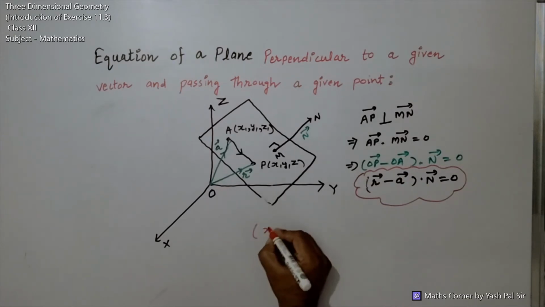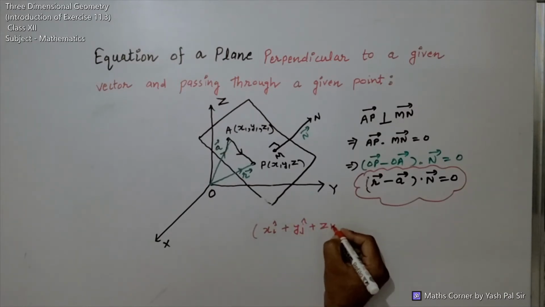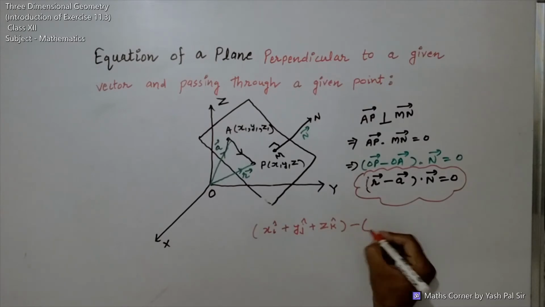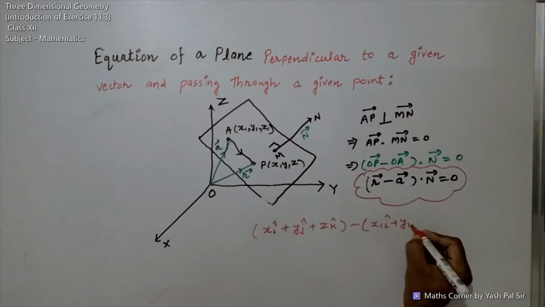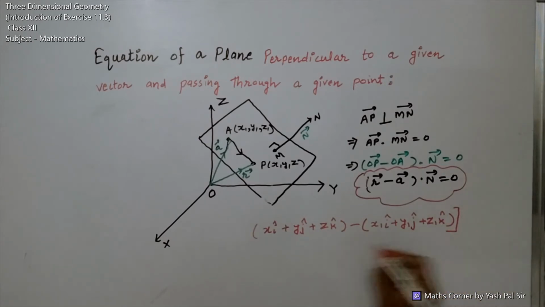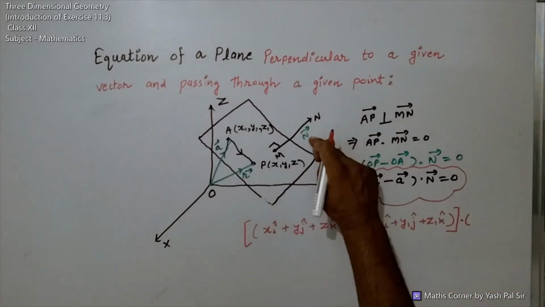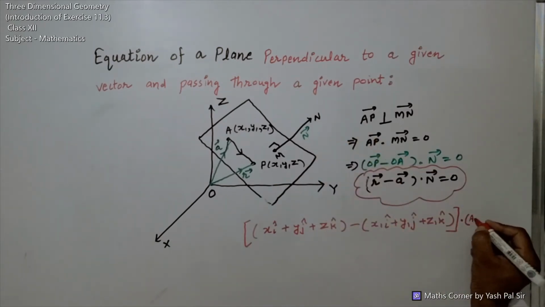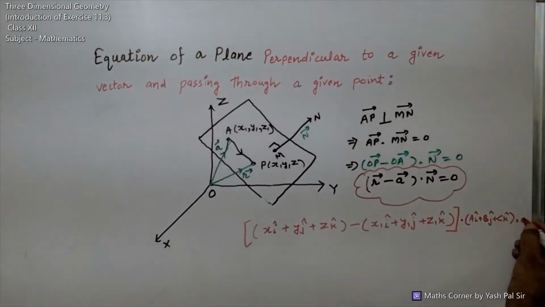Again we put the value of R equal to xi plus yj plus zk, minus vector A itself, which is x1i plus y1j plus z1k, dot product n vector. Suppose the direction ratios of n vector are a, b, c, so we write ai plus bj plus ck, this is equal to 0.